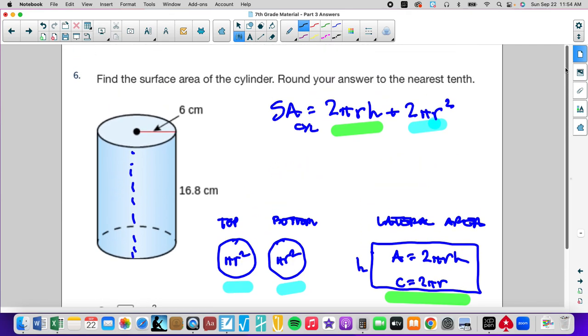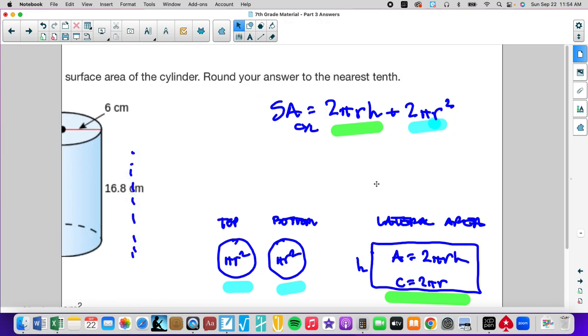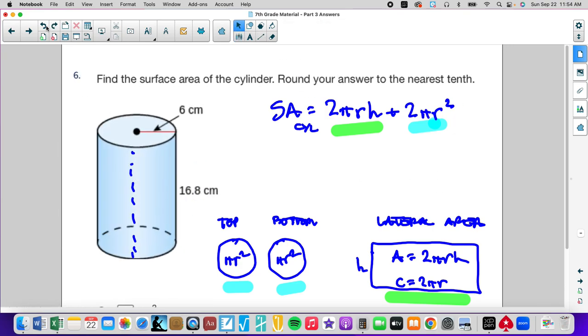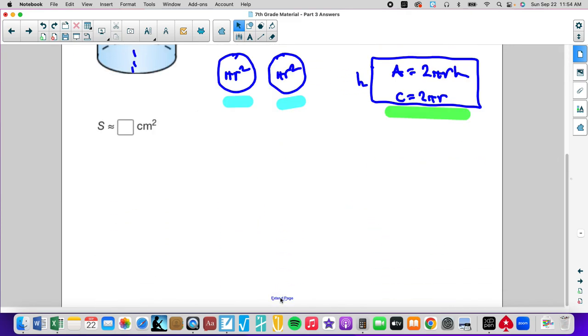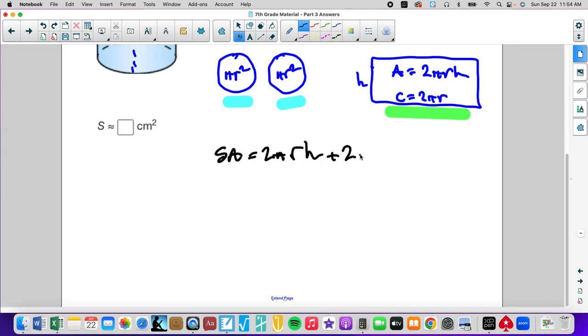So let's take this formula and let's start plugging in the values. Okay, let's do this problem underneath here. So surface area equals 2 pi r h plus 2 pi r squared.